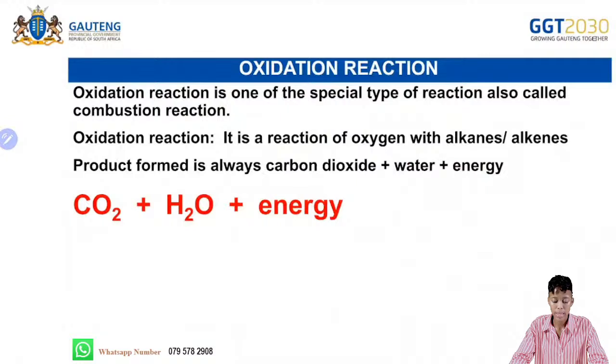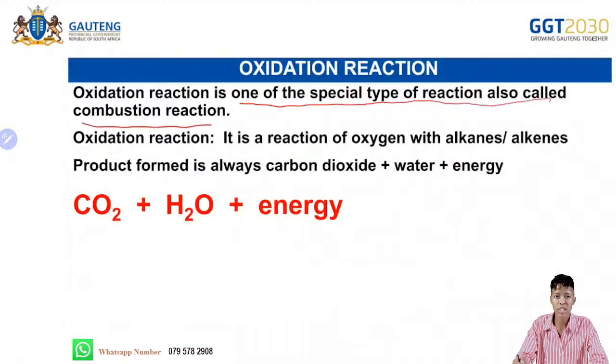Then we have the oxidation reaction. It says oxidation reaction is one of the special types of reaction, also called a combustion reaction. So if you are in the exam and they use the word oxidation or the word combustion, it means that they are asking for the very same thing.